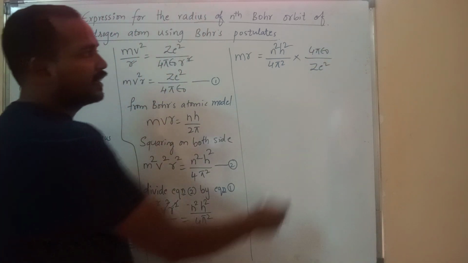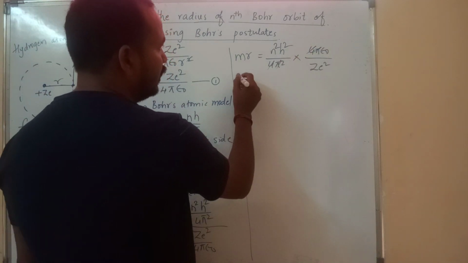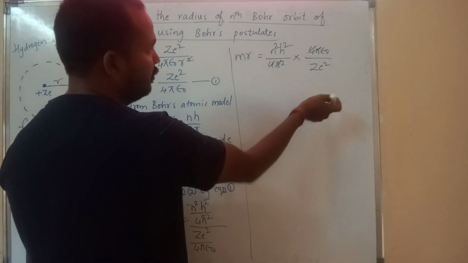Correct? Now what will get cancelled here? The 4 will get cancelled, and one pi will get cancelled. Because we want the radius, I will keep r here and bring m to that side.